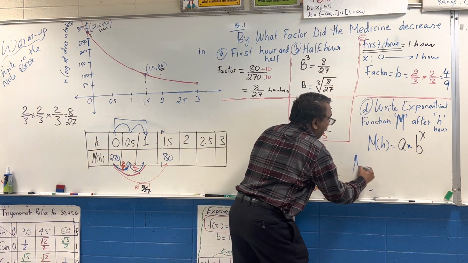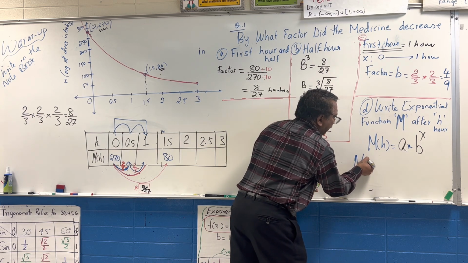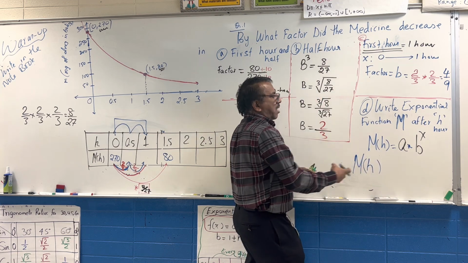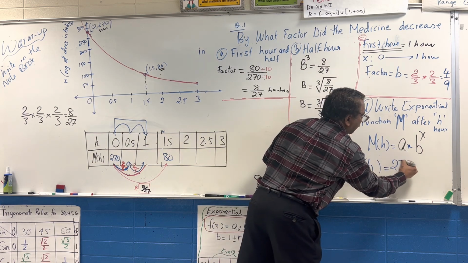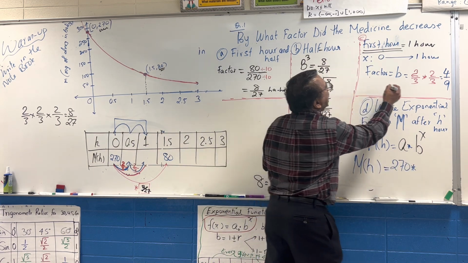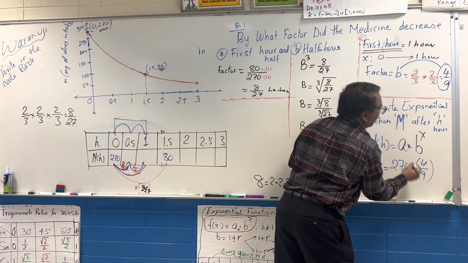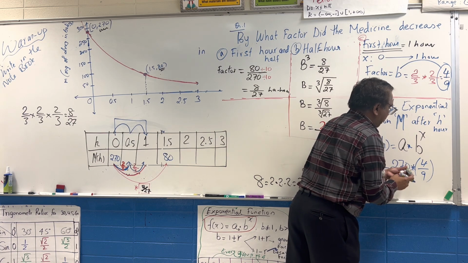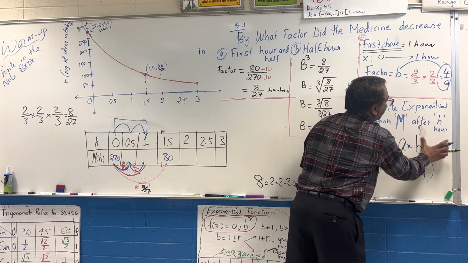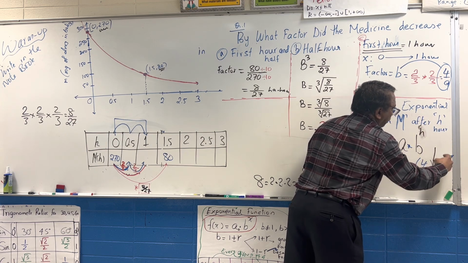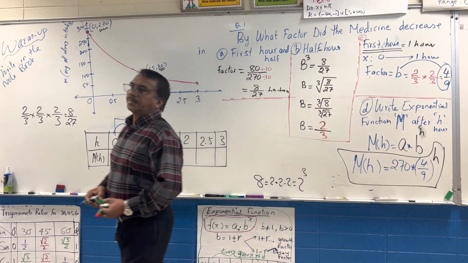The amount of milligrams of medicine staying in the blood after 8 hours is the beginning amount, which we already said was 270, times the b, which is 4/9, raised to the h. Sorry, I made a mistake here. It should be h. So this is a beautiful exponential function. Right, Liana?